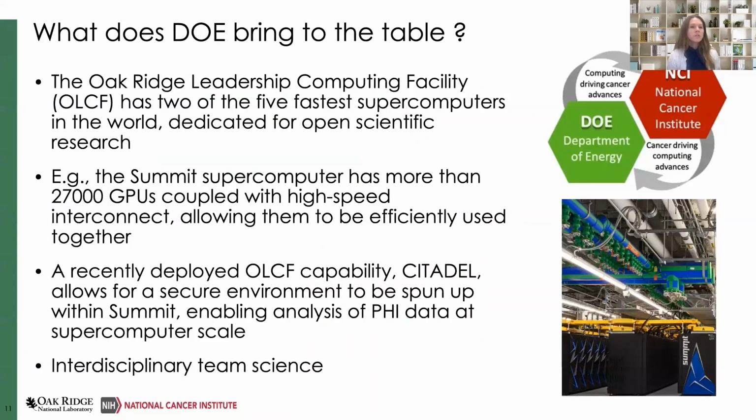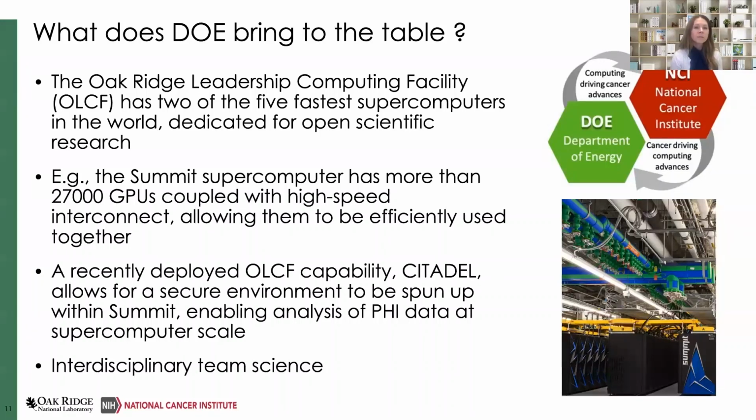And just to highlight, this is a really unique sort of collaboration. And in addition to being able to be here in a place where there's a lot of innovative science, DOE offers the ability for folks to work in interdisciplinary teams and really have a lot of resources to be able to answer the types of questions that need to be answered with the amount of data that we have for cancer.